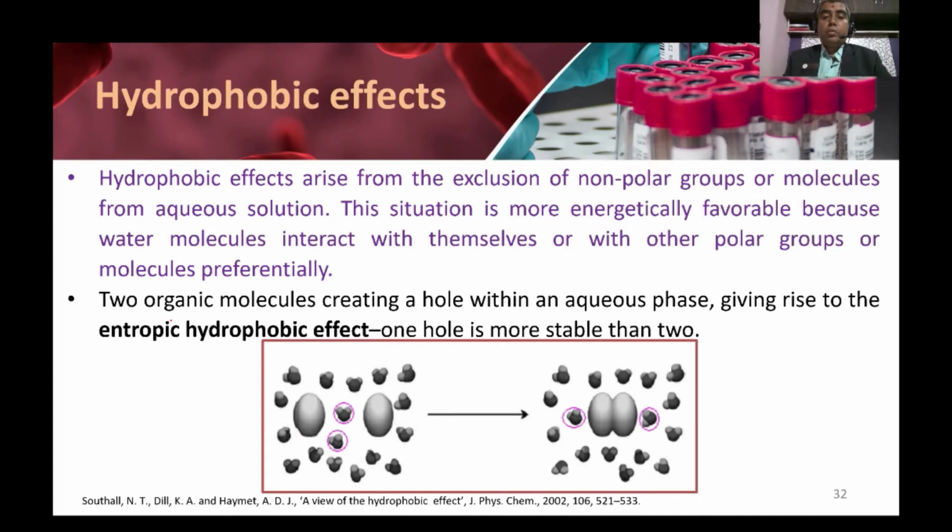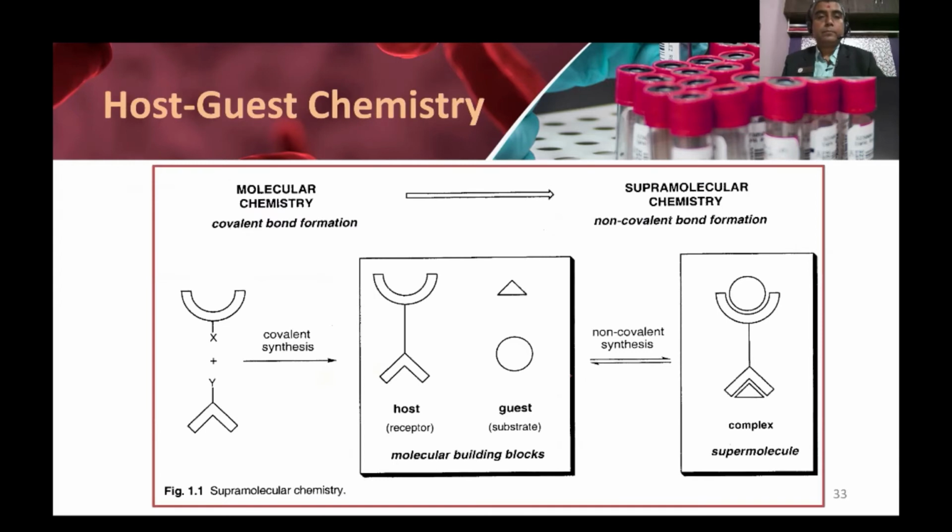Two organic molecules create a hole within an aqueous phase, giving rise to the entropic hydrophobic effect. One hole is more stable than two. So this organic molecule moves this side and gives this hole, and then they interact with each other.